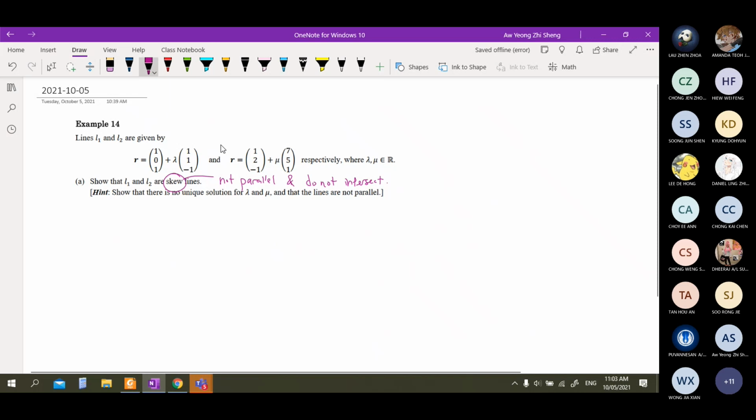To show that the lines are not parallel, just look at the direction vectors. We only need a statement. When we show that two vectors are not parallel, our syllabus doesn't require us to show by computation. A sentence form will do.